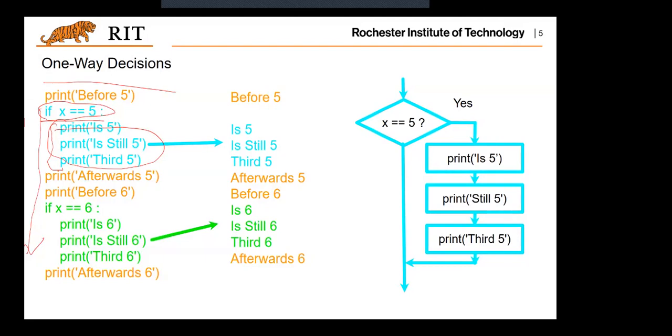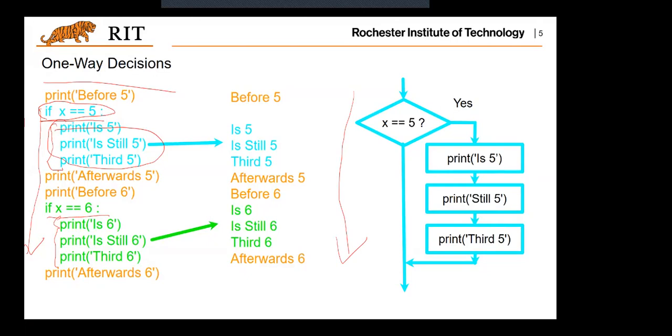Also similarly here, if you check x and see whether x is equal to 6, only if x equals 6, you will have these codes executed. So it's a sequential execution of all the code.